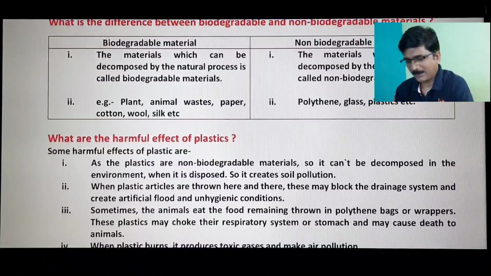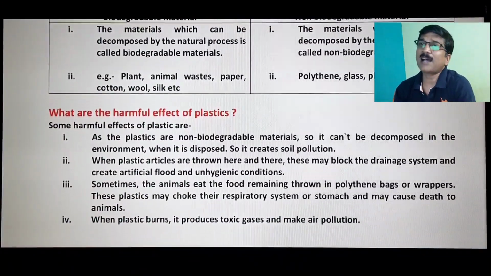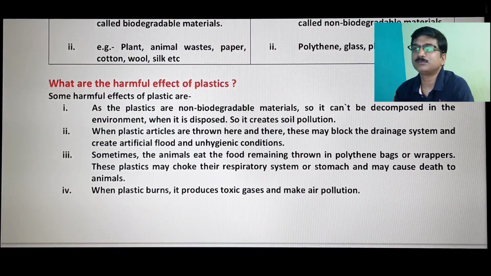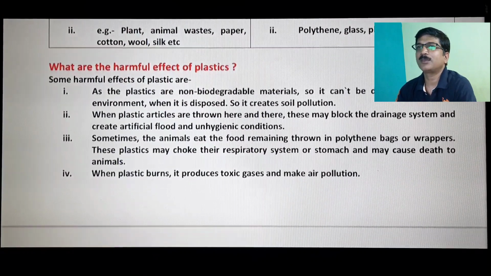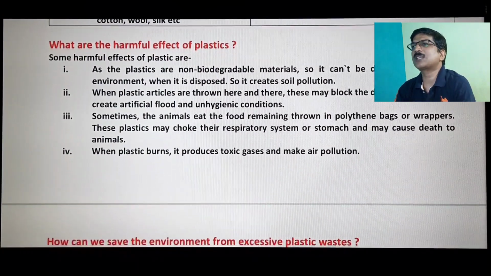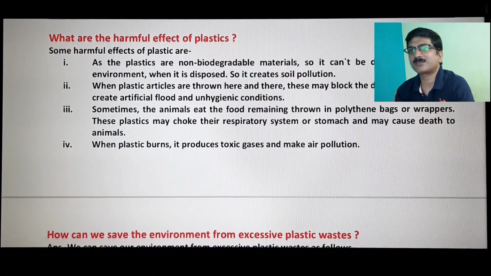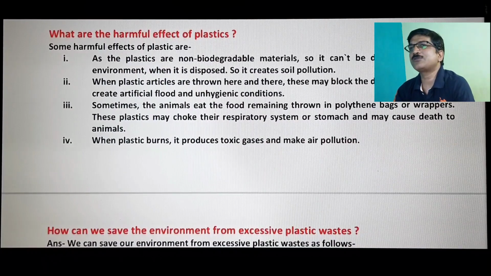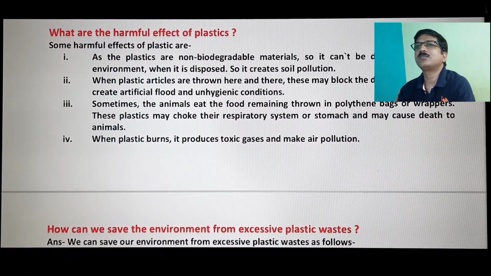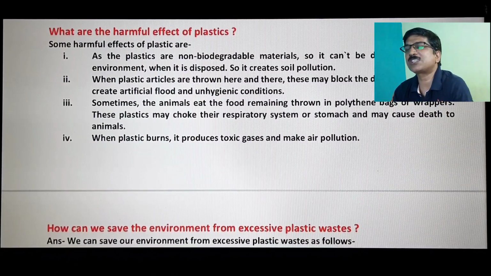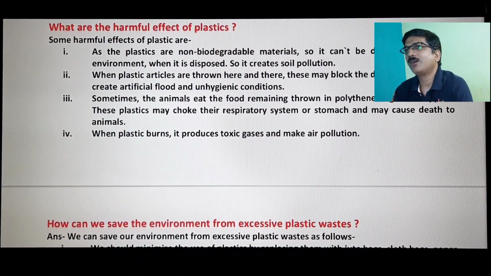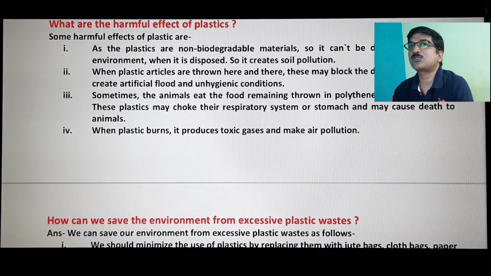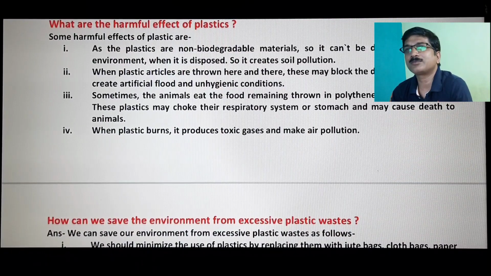Sometimes animals like cow, buffalo, these cattle animals, eat the food remainings that are thrown in polythene bags or wrappers, and they may enter their alimentary canal, which may choke their respiratory system at the pharynx, or may choke the stomach or alimentary canal, and may cause death to those innocent animals.